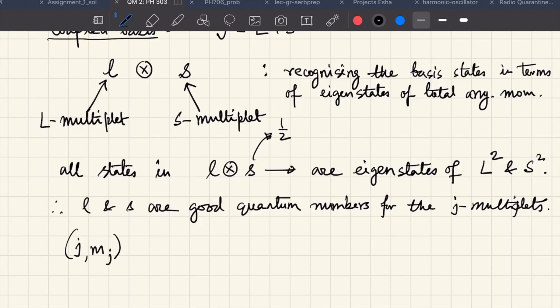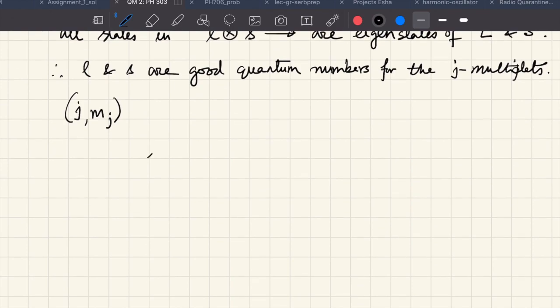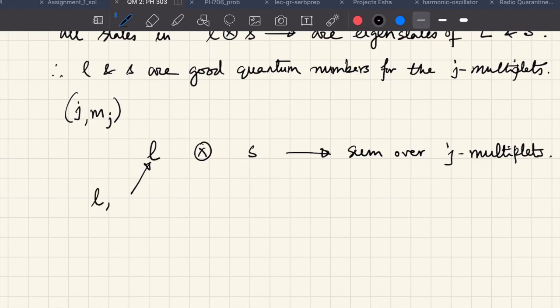So L multiplet tensored with S multiplet is going to give you some sum over all the J multiplets. That's the idea of angular momentum addition. And you know that these L multiplets are designated by the L and M quantum numbers, S multiplets are designated by the S and MS quantum numbers, and J and Mj are the quantum numbers here on the right hand side.